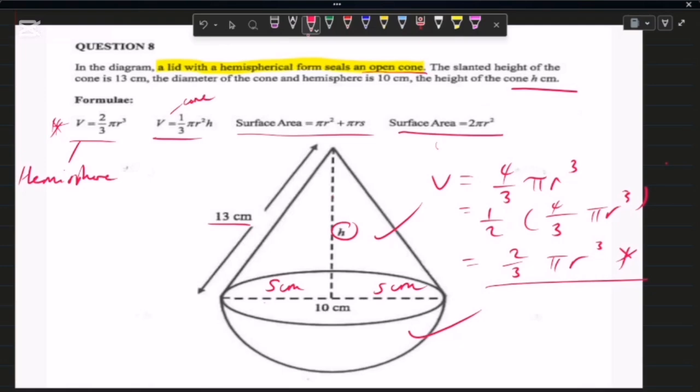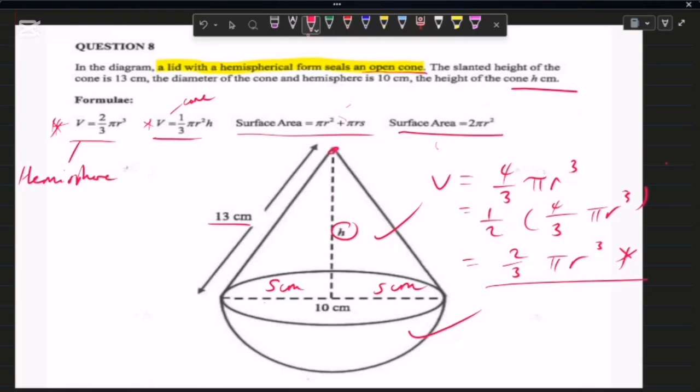Even if we tried to figure this one out first, we know that cones are pyramids, by the way, because of the apex. The volume of any pyramid is given by 1/3 times the area of the base times the perpendicular height.